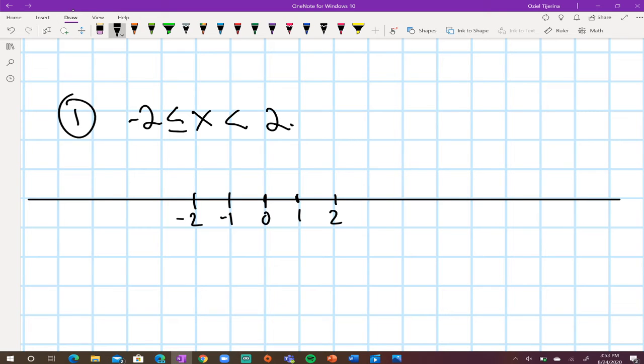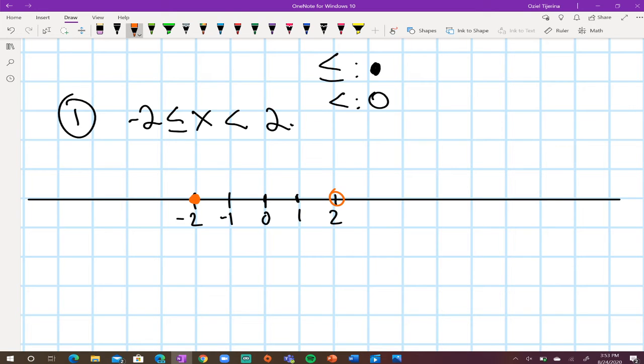So again, because it's less than or equal to, it's going to be a closed circle, a dot. We're going to put it at -2, okay? And then over here, we have a less than symbol. So less than says it's going to be an open circle. So we have an open circle right here.